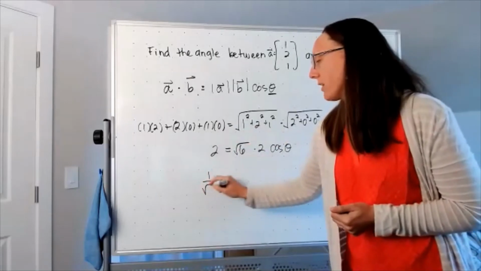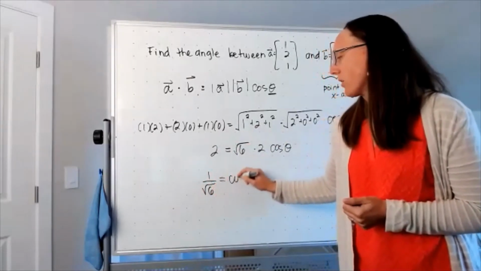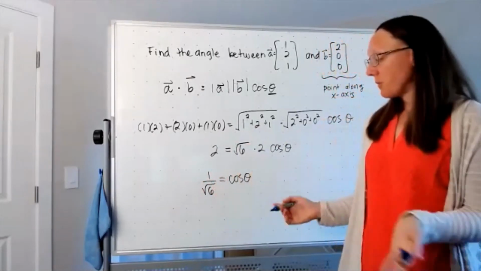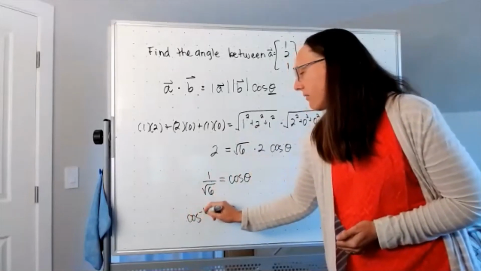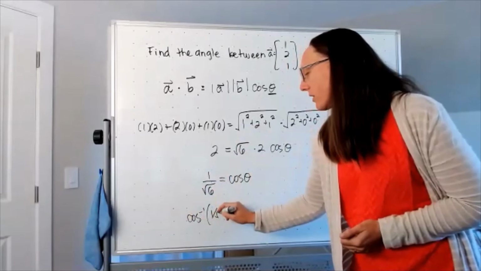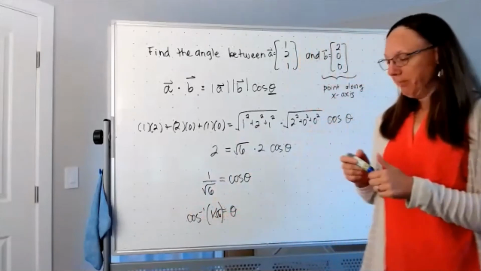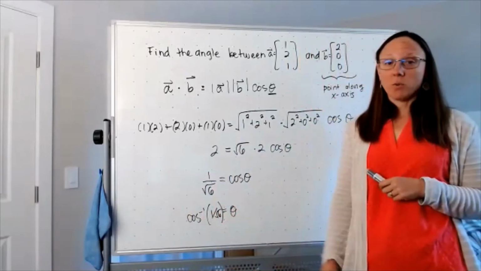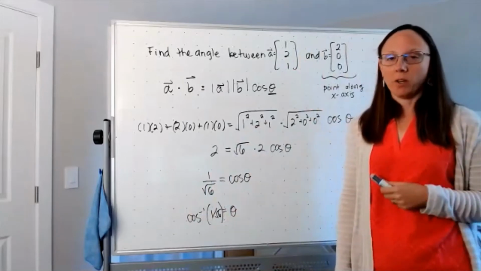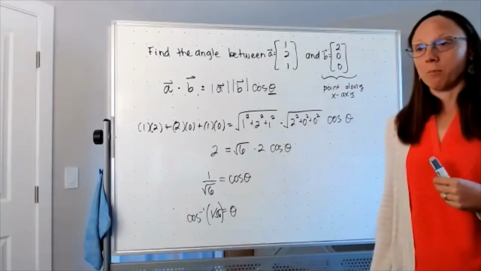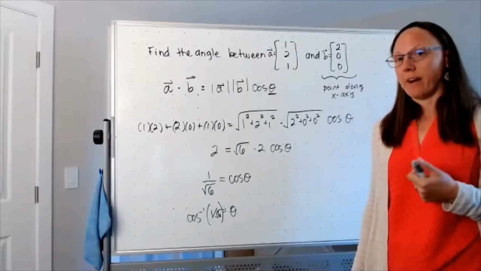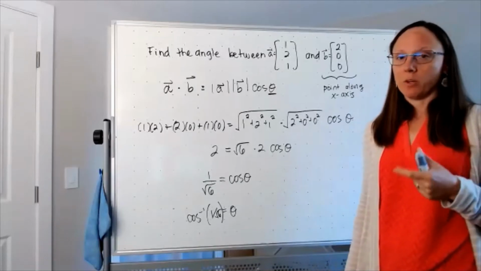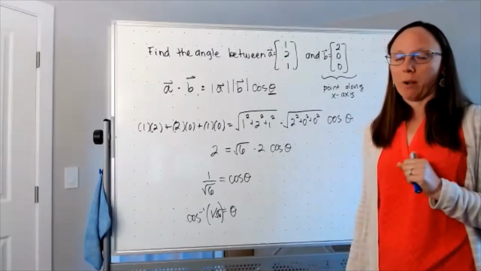I end up with 1 divided by the square root of 6 is equal to cosine theta, which means theta is equal to cosine inverse of 1 over the square root of 6. You could throw that into a calculator. If you are doing a WebWork problem, it is important to figure out whether WebWork asked you in degrees or radians, so that you make sure that when you put it in your calculator, you're in the right mode.